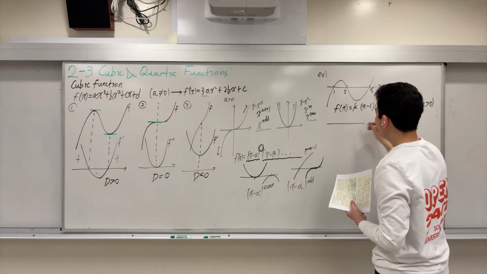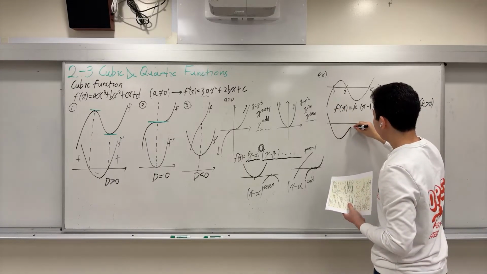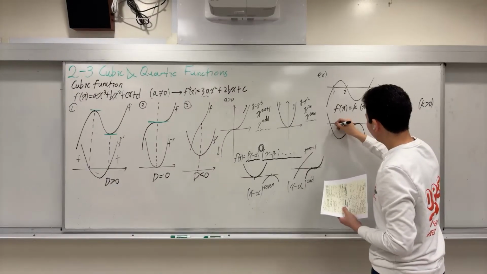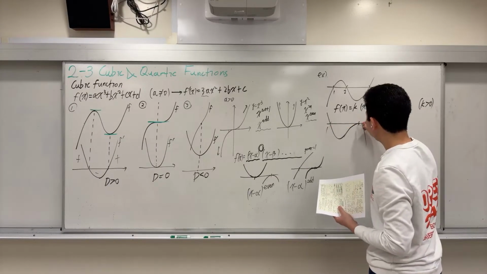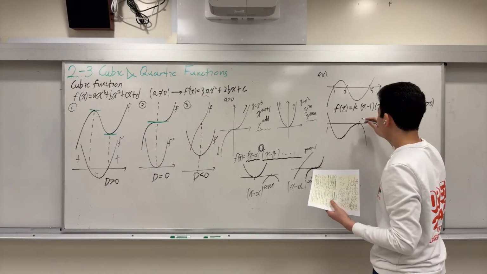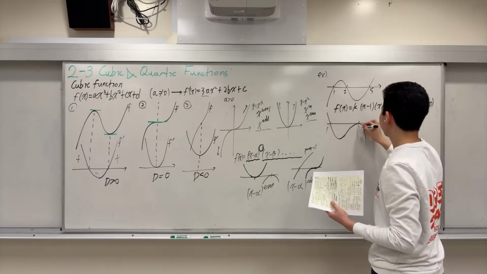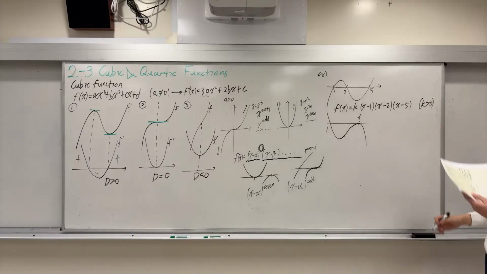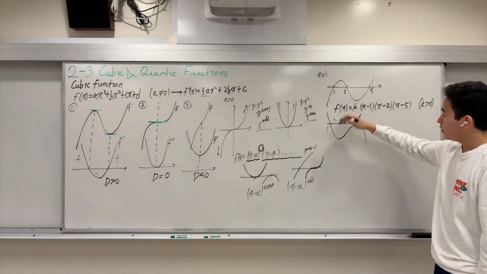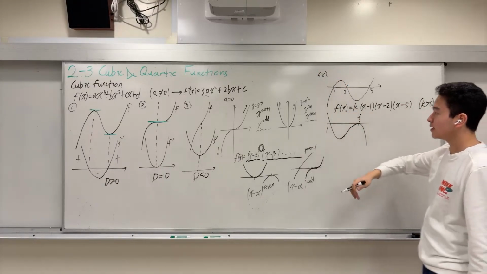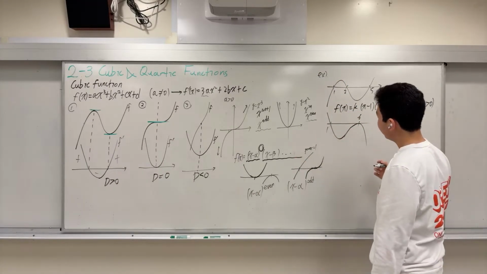Okay, how about this particular curve? Here we have a cubic function that has a root at 1 over here and, let's say, 6. Let's do 6, like that. How would we represent this cubic function? Well, we know that it goes from positive infinity to negative infinity, so it must have a negative leading coefficient.